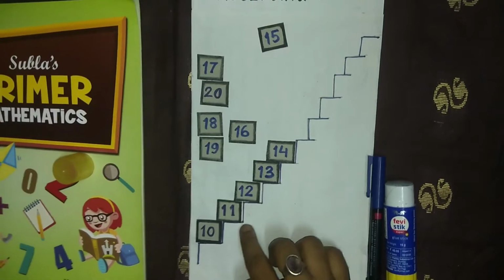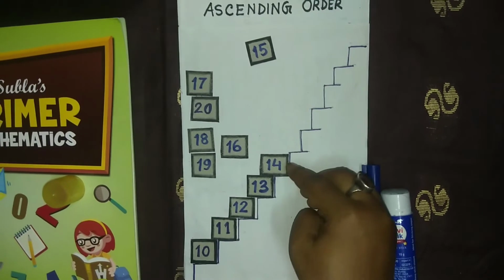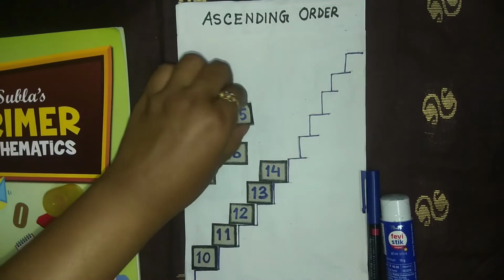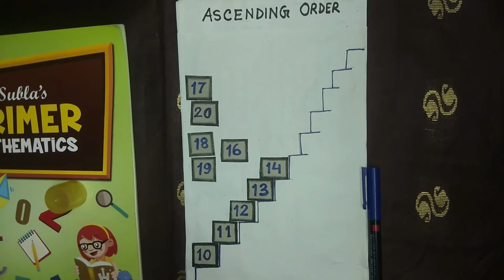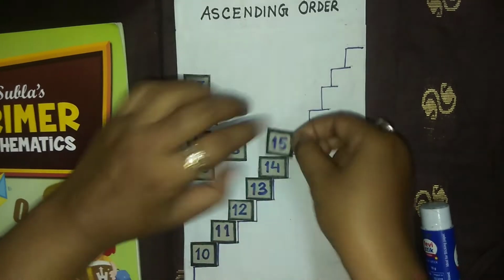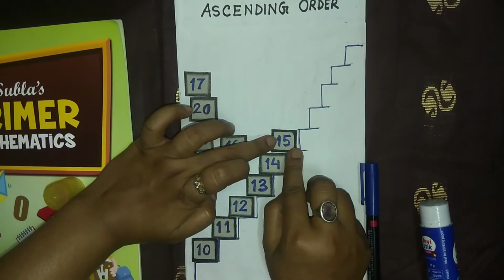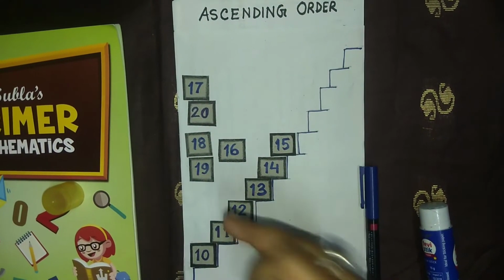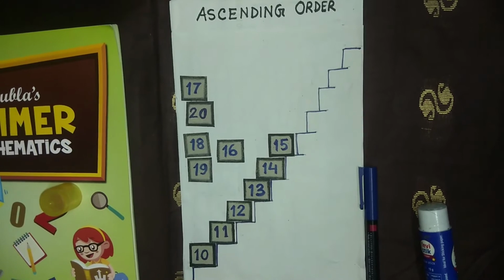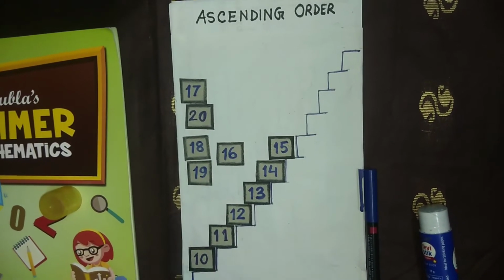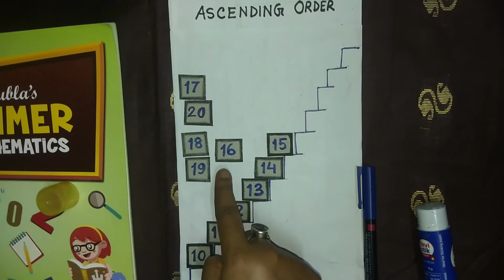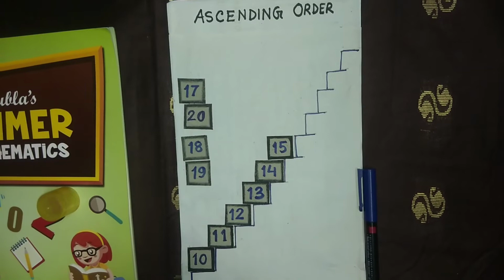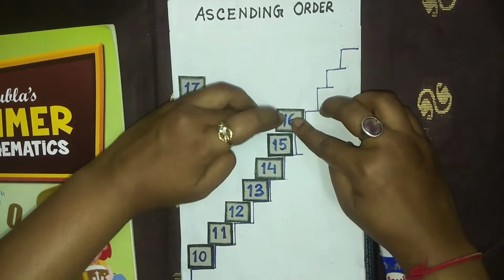So 10, 11, 12, 13, 14. After 14, which number will come? Yes, 15. I'm pasting it in the next step. Next, I know everybody knows this, after 15 the number will come 16. So I'm taking 16 and pasting it over there.